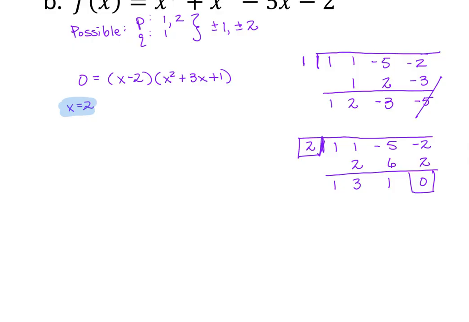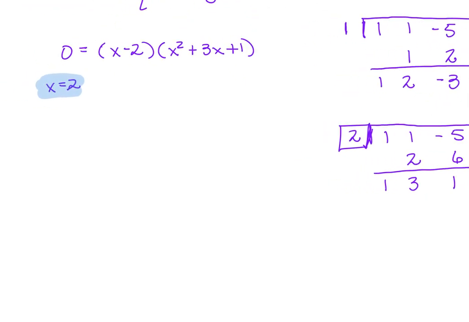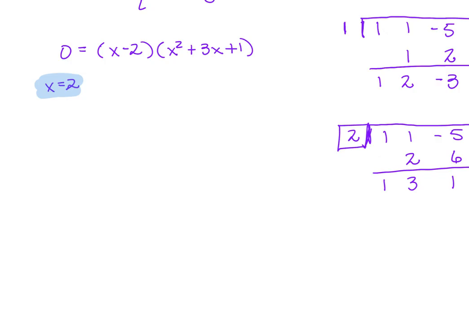this does not factor. And so we are going to need to go ahead and use quadratic formula. And so if we plug this into our quadratic formula, what we have is a equals 1, b equals 3, and c equals 1. Remember, our quadratic formula is negative b plus or minus the square root of b squared minus 4ac all over 2a.